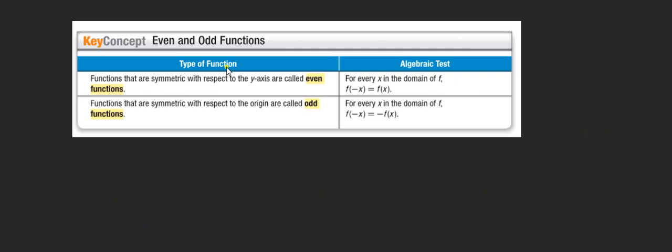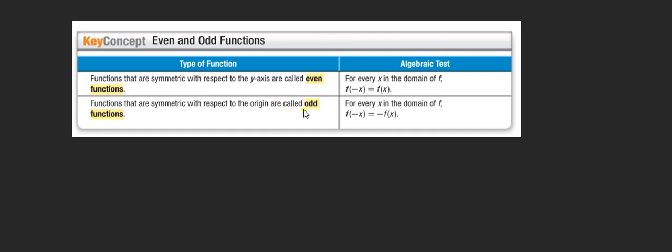Now we're going to talk about even and odd functions. Functions that are symmetric with respect to the y-axis are called even functions. When a function is even, when you plug in negative x instead of x, you still get the same equation. Functions that are symmetric with respect to the origin are odd functions.